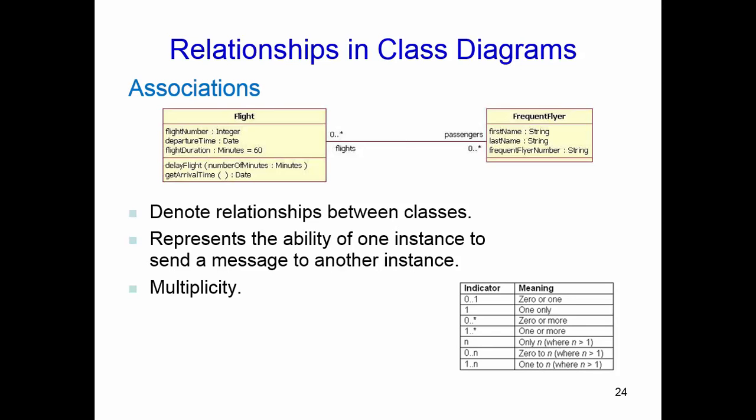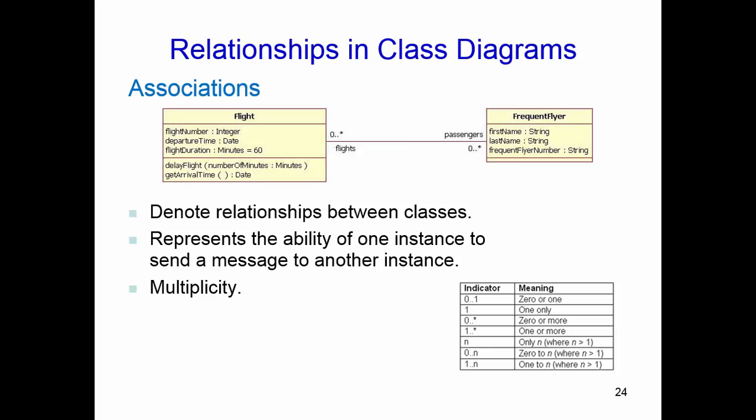There's also the concept of multiplicity, which represents how one of these can relate to many of these, or one of these to many of those. These are the ideas represented in this table. We have an indicator, which is what you see here. This represents 0 or more, and 0 or more.